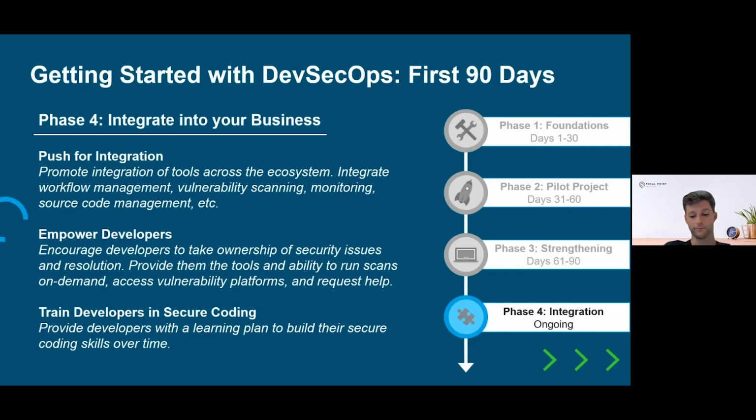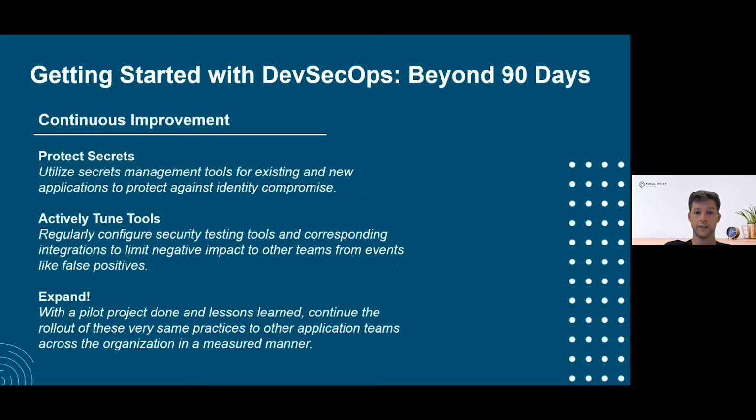Now, finally, a couple of just bonus points here. Again, beyond 90 days, there's all sorts of efforts that you can continue to make with DevSecOps. I won't claim this is an exhaustive list even after this slide, but here are a couple more things to keep in mind. First of all, secrets management. I'm hearing more and more about secrets management just in the last year and a half or so.